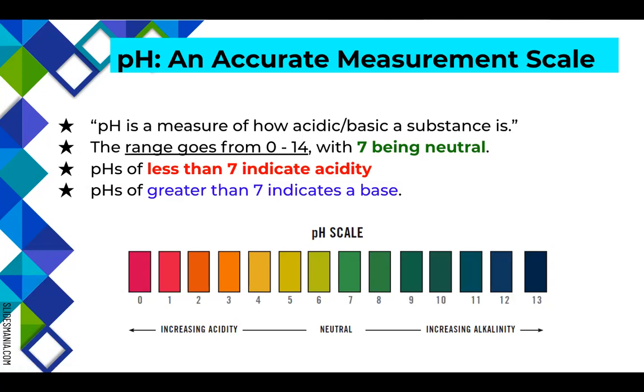So we need something that measures the pH, because that will tell us if we have an acid or a base. As I mentioned before, if you look at the pH scale, as you move to the left from 7, it's increasing in acidity. And if you look to the right of 7 and you move further away from it, it's increasing in alkalinity, right? So it's becoming a stronger and stronger and stronger base.